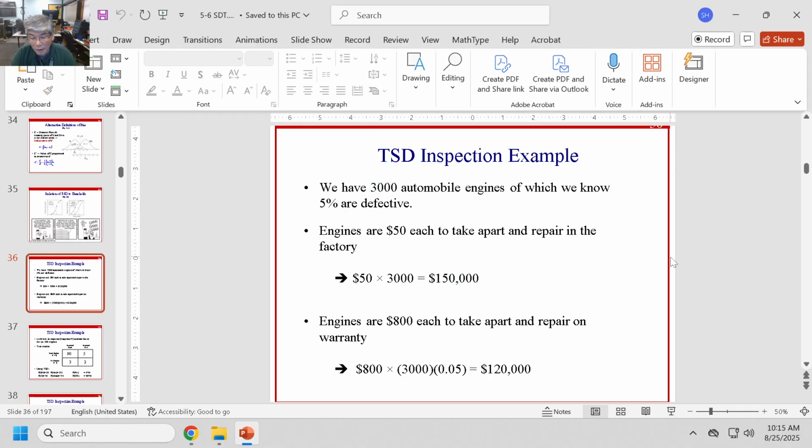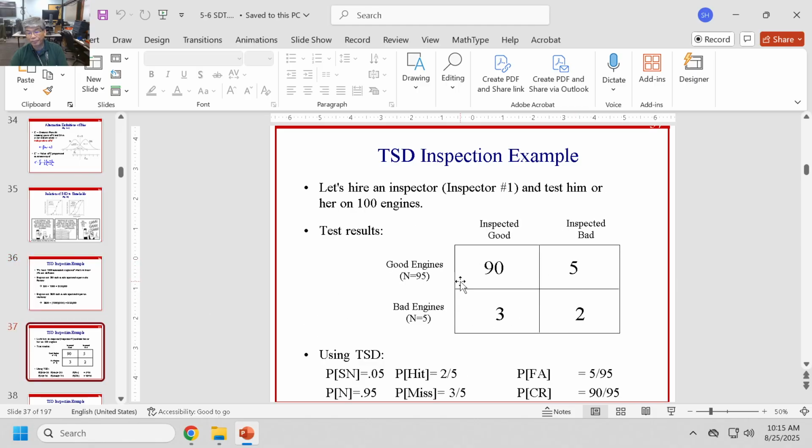Okay, so back to the basic definition. We have 3,000 engine tests, and of course you can still see that 2 by 2.